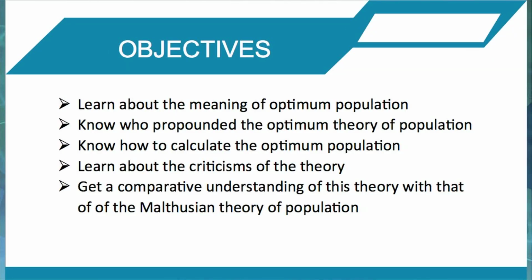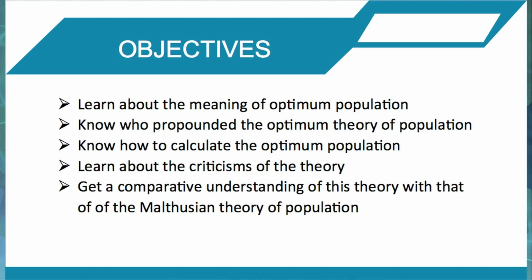Before delving into the theory, let us first learn what is the objective of this module. After going through the video and this module, you will be able to learn about the meaning of optimum population. You all will know who propounded the theory of optimum population. You all will know how to calculate the optimum population.